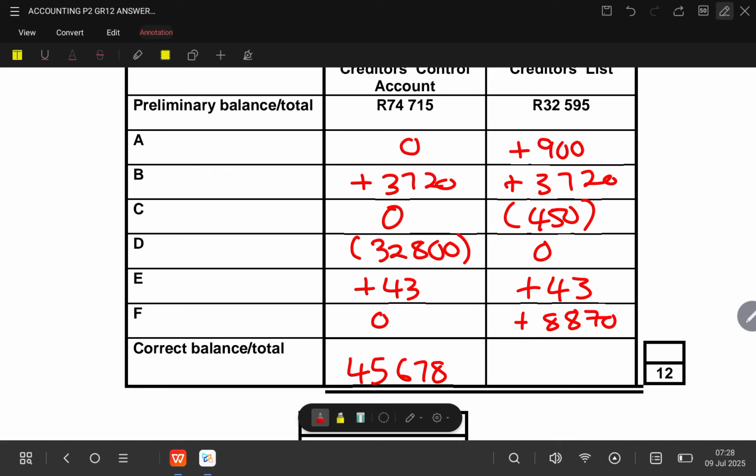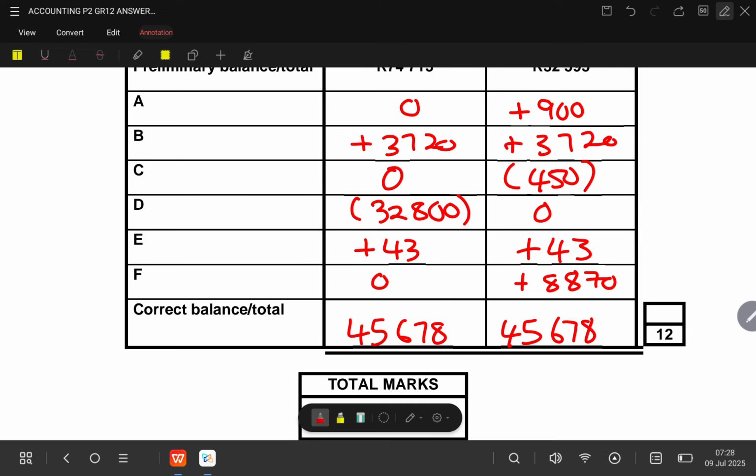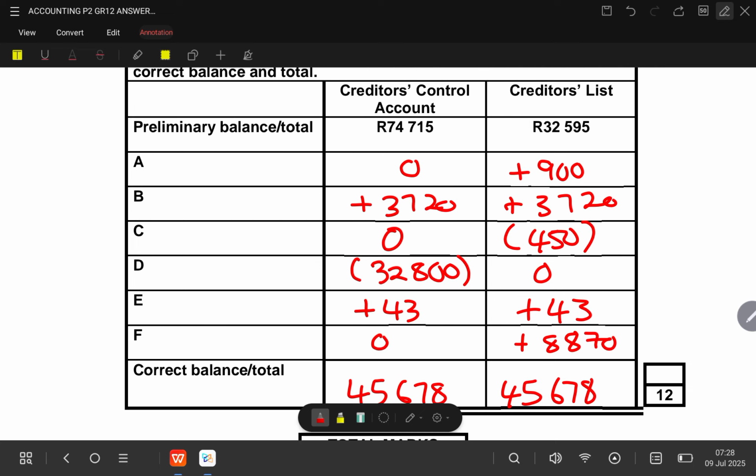It gives us 45,678. So it means that we have, if you look at this, the totals are the same. So it means that we have reconciled the list and the creditors control account correctly.